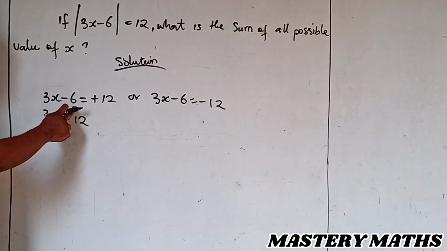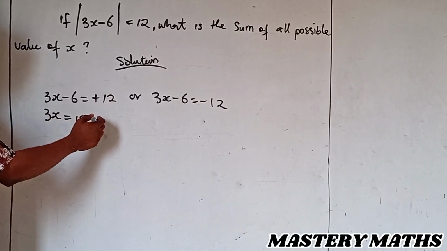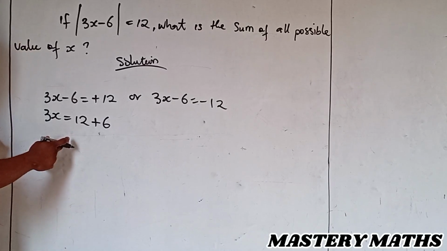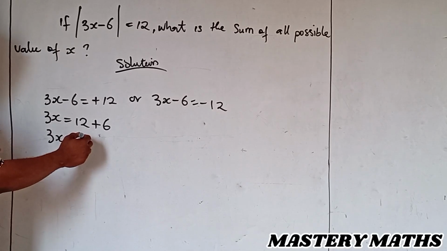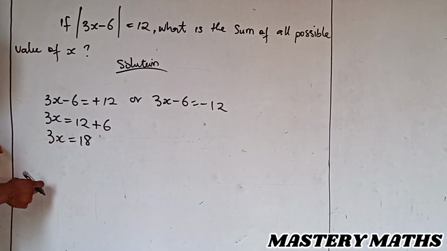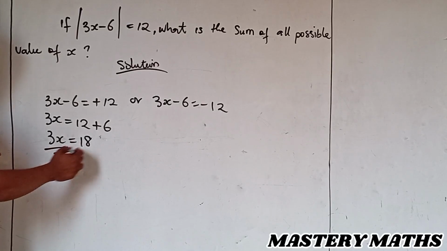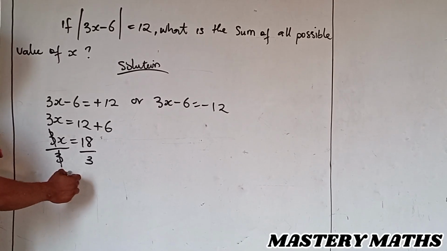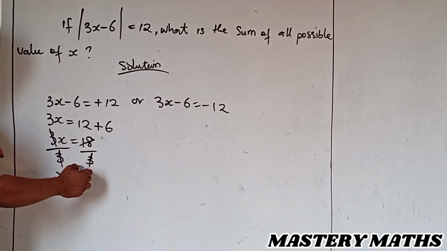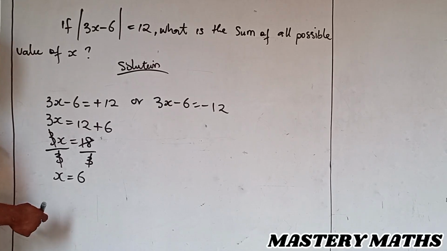When negative 6 crosses over this equality sign, it changes to plus 6, which will give us 3x equal to 18. So we divide both sides by 3. When 3 cancels 3, you have your x. 3 goes into 18, gives us 6.